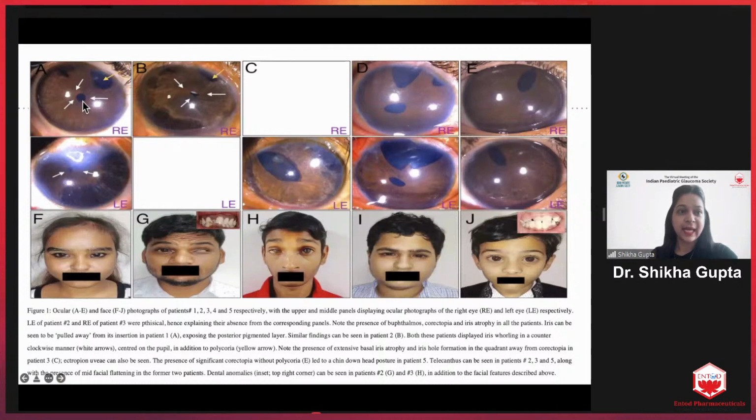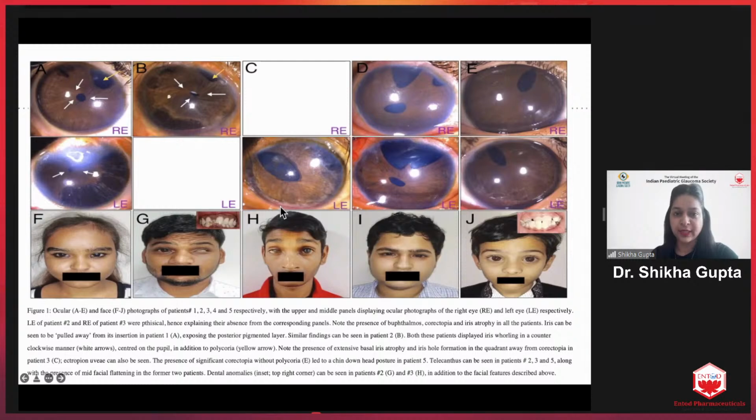So we can see that there was some kind of iris atrophy in the periphery, leading to the presence of posterior pigmented epithelium that was evident, leading to a brownish color, variegated appearance, or polycoria formation in the eyes. Here also we can see a small stretch hole. There was also some kind of spiraling of the pupil with a whirling appearance.